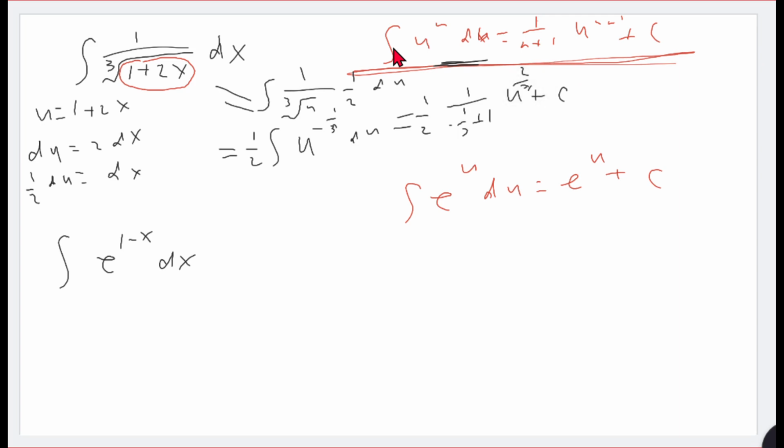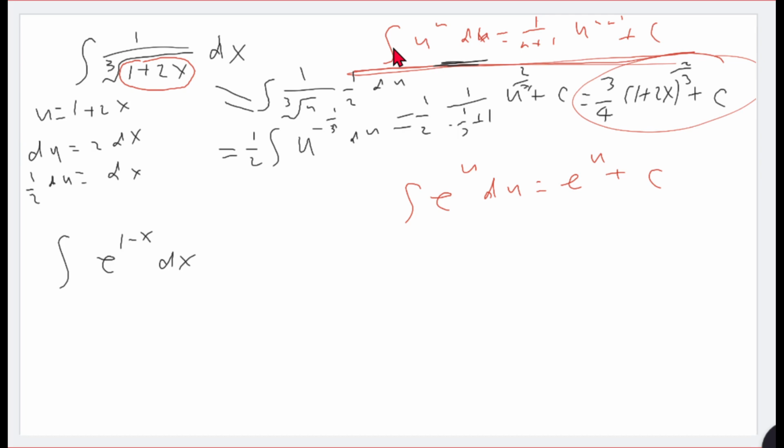Finally, we can simplify: negative 1/3 plus 1 is 2/3, and you flip it, 3 over 2, so with the 1/2 in front it'll be 3 over 4, and plug in 1 plus 2x for u. All right, this is the final answer.